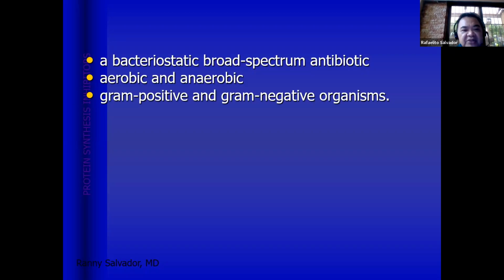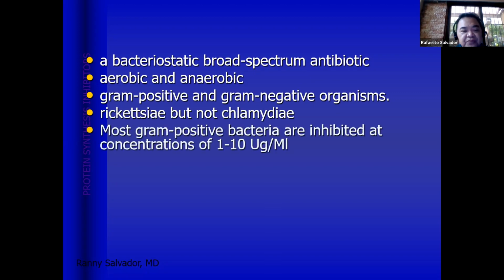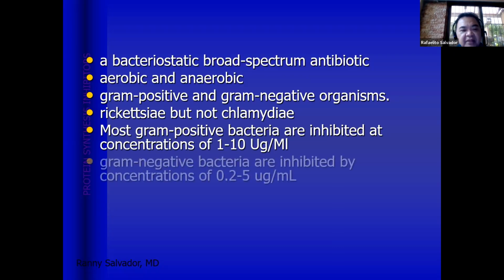It is active against gram-positive and gram-negative organisms. It is active against Rickettsia, but not Chlamydia. Most gram-positive bacteria are inhibited at concentrations of 1 to 10 micrograms per ml, and gram-negative bacteria are inhibited by concentrations of 0.2 to 5 micrograms per ml.